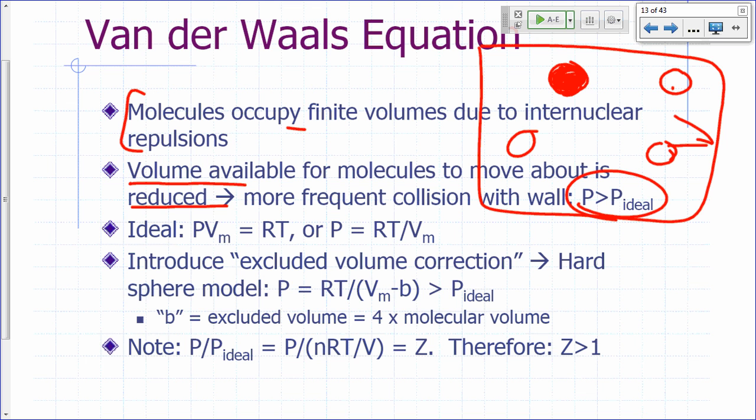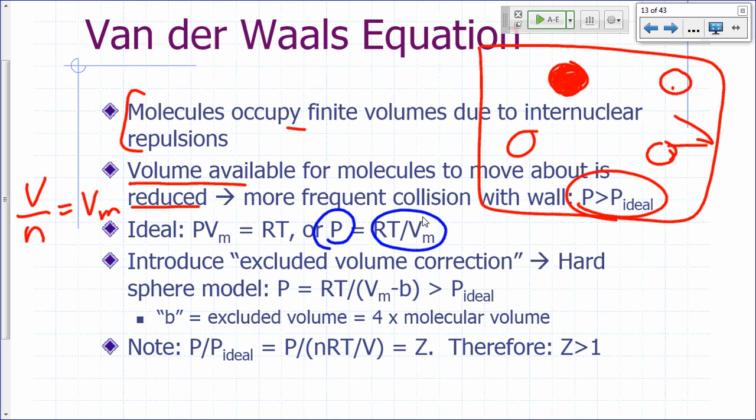The ideal gas law says PV equals nRT, where V sub m is V over n, your molar volume. That's another way of writing the ideal gas law. So we can solve for the pressure. According to the ideal gas law, pressure is RT over V sub m. But because of excluded volume, the volume that's not available to the molecules, you introduce a correction term here.